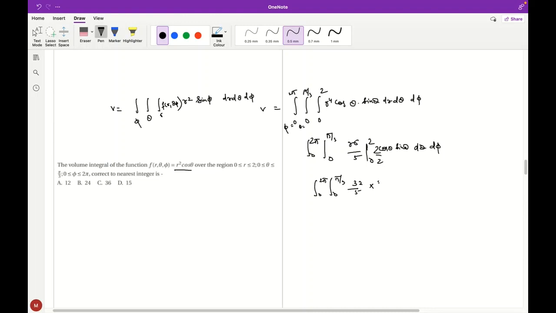So this will become sin 2 theta upon 2 d theta d phi.